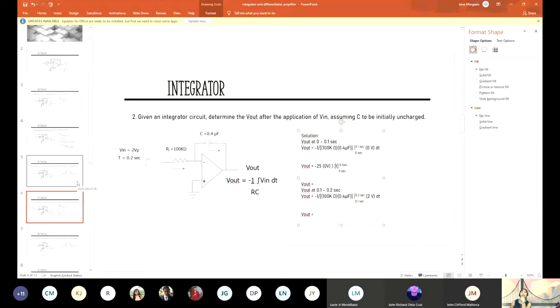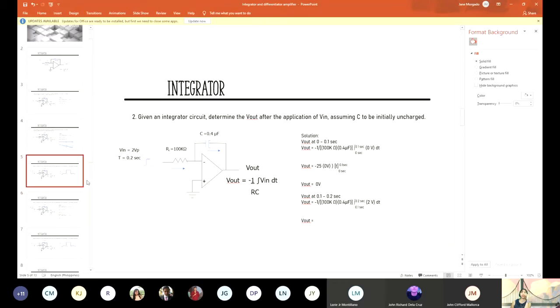Negative 10. Any other answer? Other answer? 0. 0. Of course, it's 0. Any number multiplied by 0 is 0. So you have number 10 taas here pala. Anyway, nice try. Okay, 0 volts. Okay, so we have a 0. So for 0 to 0.1, the answer is 0.